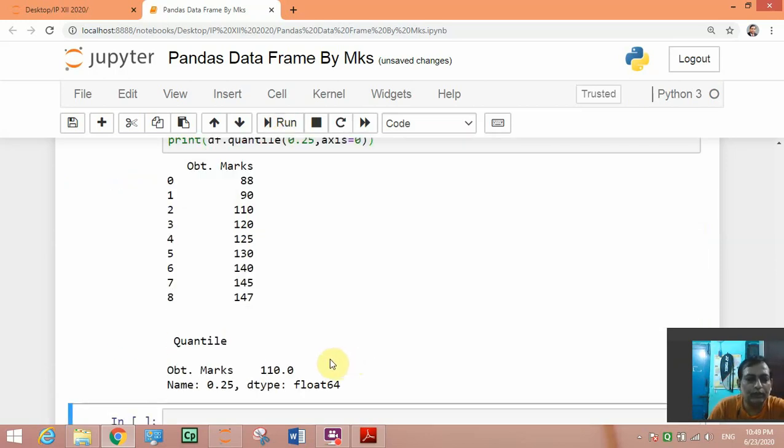So here we can see 25% of students are getting what? 110 marks, which means 25% of students are able to score 110 or less than 110 marks. This is the first quartile. Quartile means first quarter, and all quarters will become quantile.